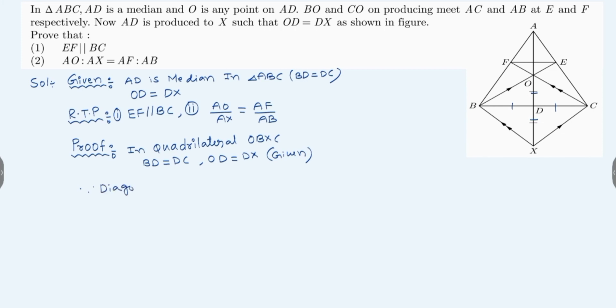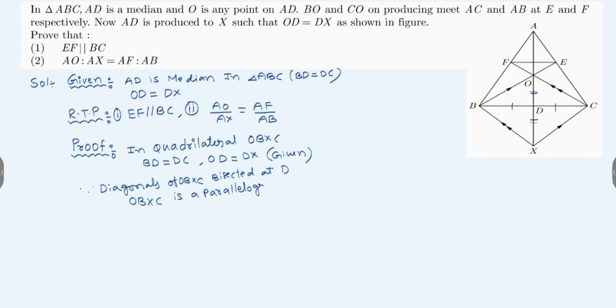Diagonals of quadrilateral OBXC are bisected at D. So when in a quadrilateral, if diagonals bisect each other, we can say that quadrilateral is a parallelogram. So OBXC is a parallelogram.